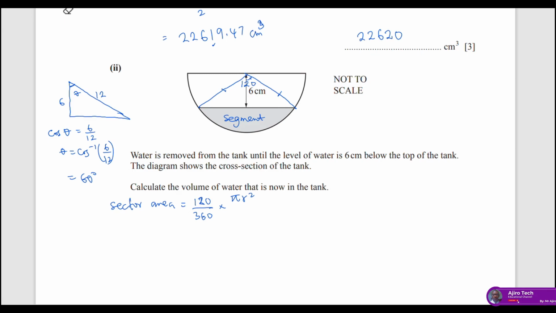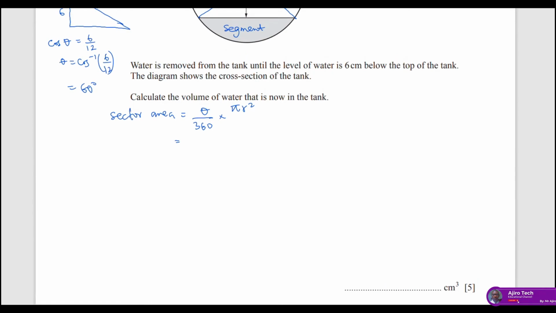So we have 120 over 360 times pi times 12 squared. That should give 150.796.